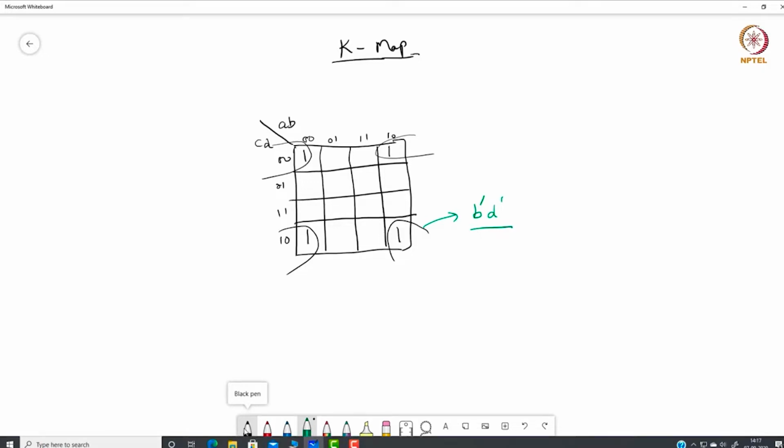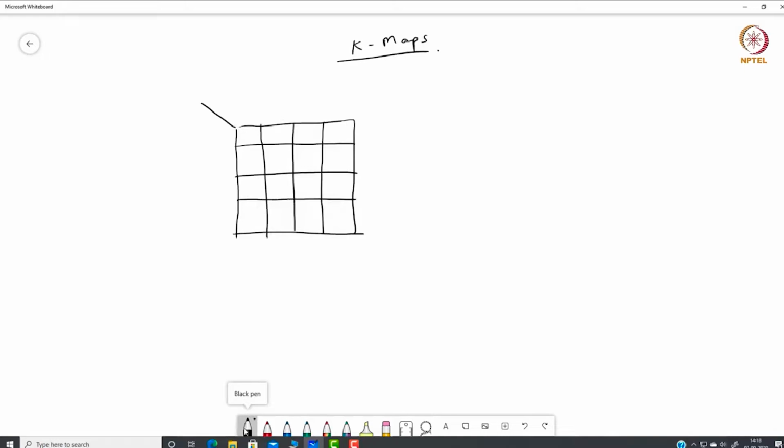Let us try to see some more examples, and also summarize how to write min terms in a K-map. Let us say this K-map is for a function which has 4 variables A, B, C, D, where A is the most significant variable and D is the least significant variable.